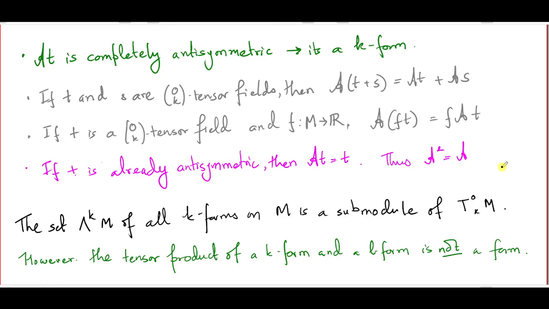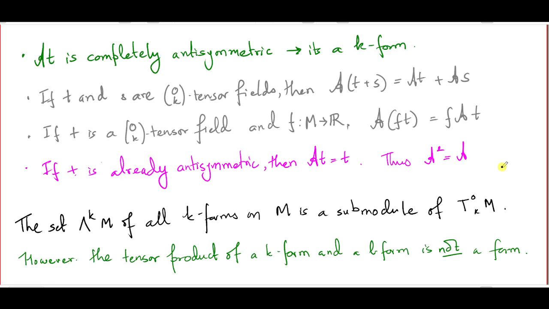Of these, the first k vector fields are going to serve as arguments for the first k-form in the tensor product, and the final l vector fields are going to serve as arguments for the second l-form in the tensor product. Now, this product is going to be antisymmetric in the first k factors and in the last l factors, but there is absolutely no reason for it to be antisymmetric when you interchange one of the first k arguments with another of the last l arguments, because they are ultimately going to different forms.